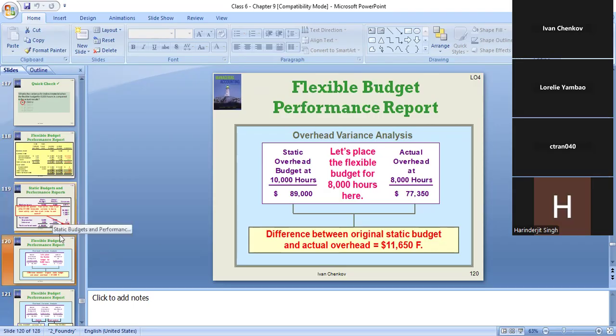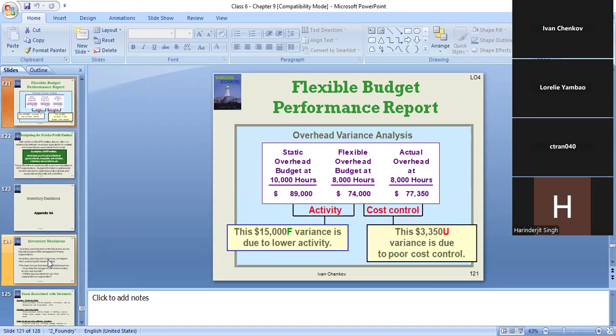For that reason, we have to move to the flexible budget, which is going to explain this. Where should the budget be on the actual hours, and then we can compare the budget level of activity for the actual hours with the actual spending.